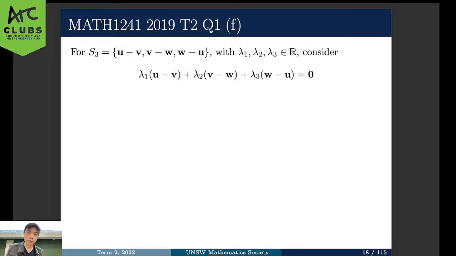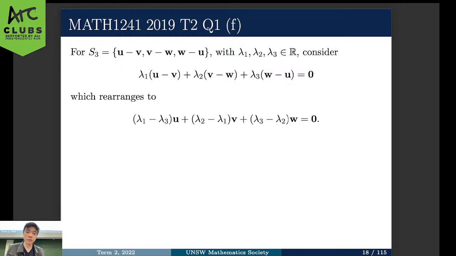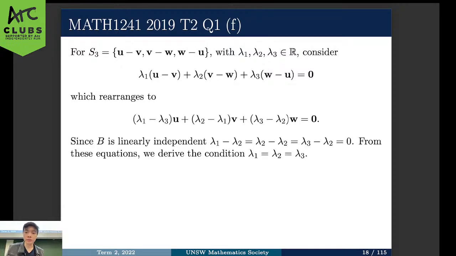We can do the same thing where we consider the linear combination when it's equal to 0. We rearrange it in terms of u, v, and w, and do the same trick where all of the coefficients have to be 0, and we actually get the condition that lambda 1, lambda 2 and lambda 3 are all equal.